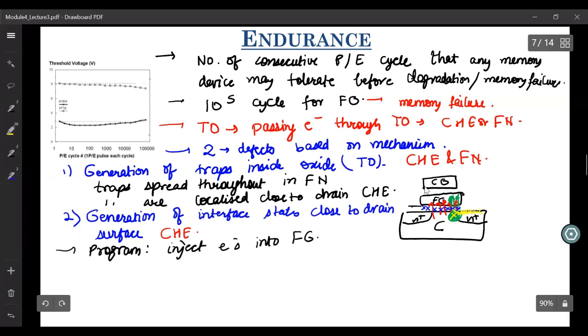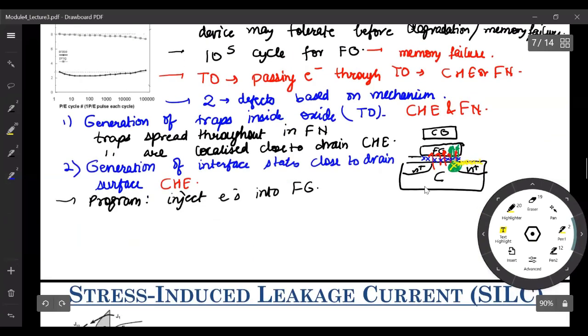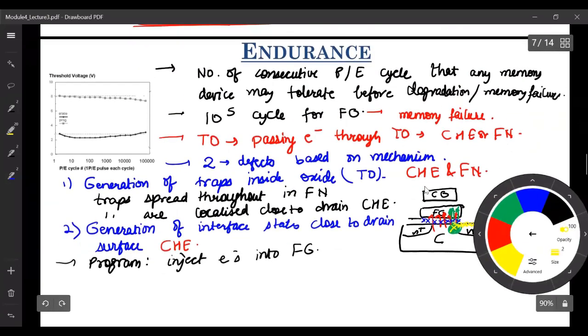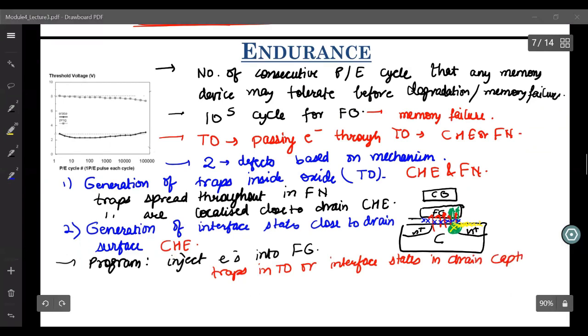If you have these interface states, or these traps, what they can do is, these traps in the tunnel oxide or interface states in the drain may capture these electrons.